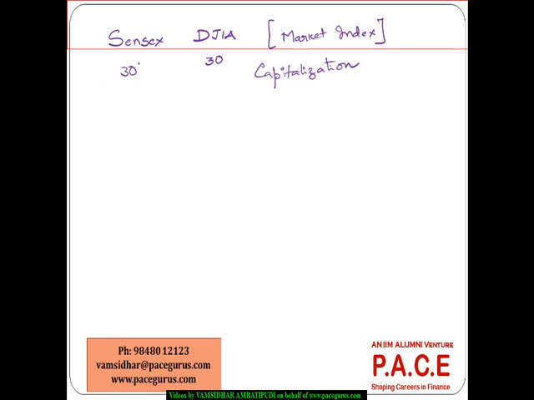So there is some kind of calculation that is performed on these stocks, and a Sensex as an index is computed, let's say on a daily basis. Now, this Sensex or this Dow Jones, this S&P 500, none of these indexes include all the stocks that are listed on that particular exchange.